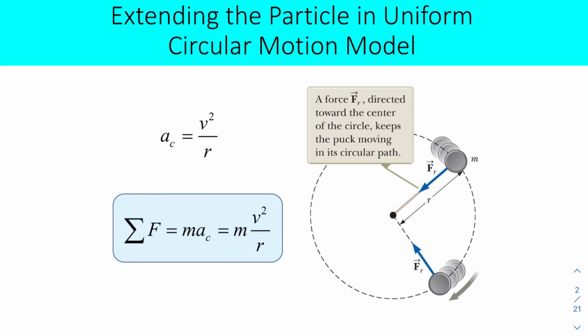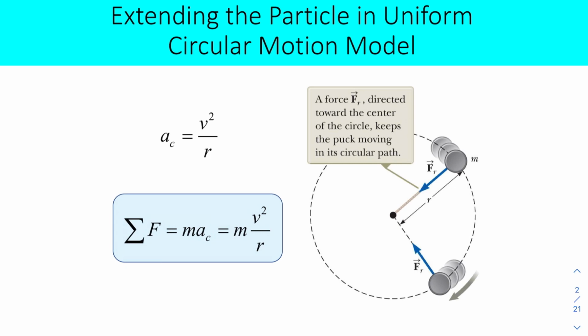The force is always pointing to the center of the circle. We are going to symbolize this force as F_R, where R stands for the radius of the circle. So it is always toward the center, regardless of the position of the object.